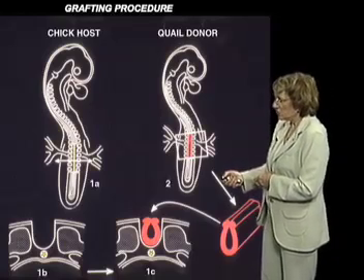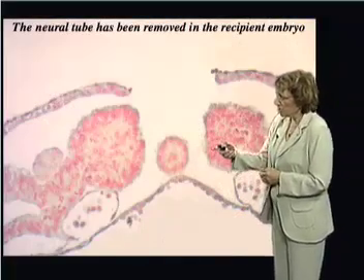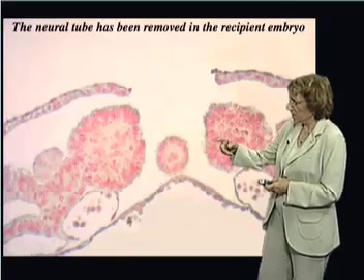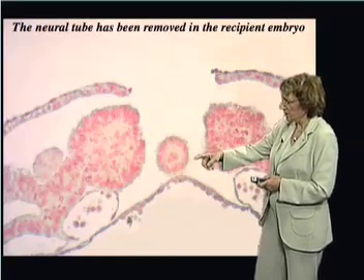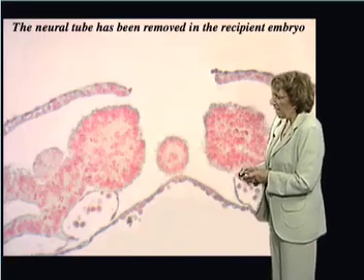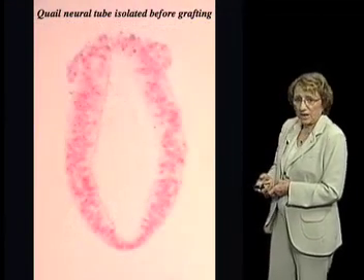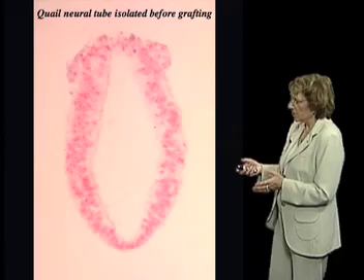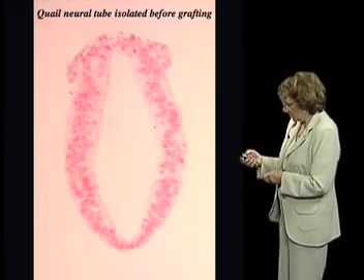The next slide shows the real experiment in which the chick embryo has been prepared for the graft by removing the tube. You see here the notochord, and on each side the somites. And this is the neural tube of the quail, which is going to be implanted. And you see on the top the neural crest cells.